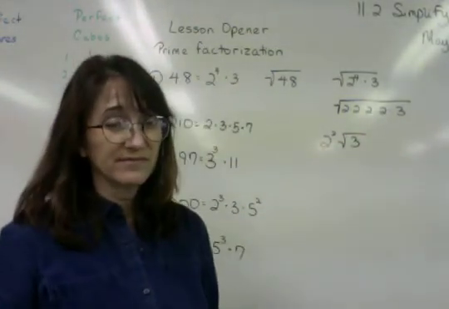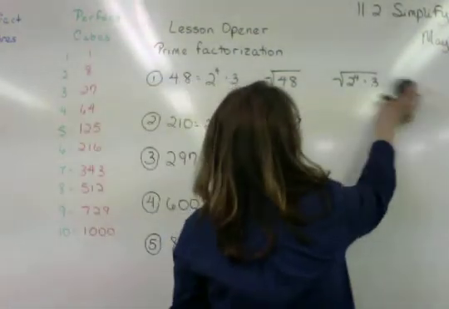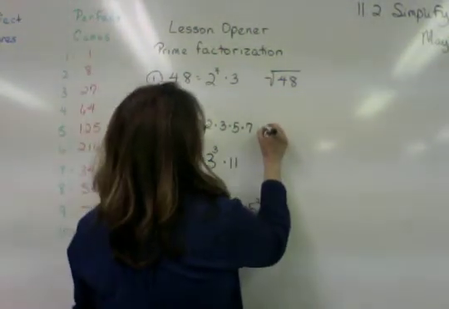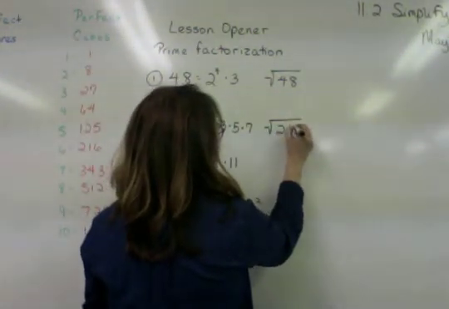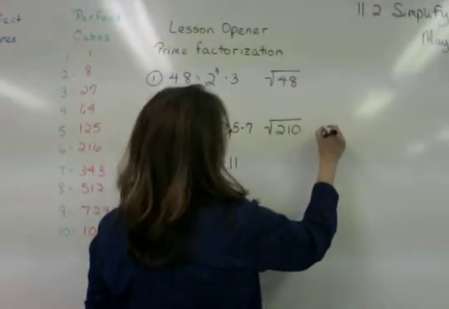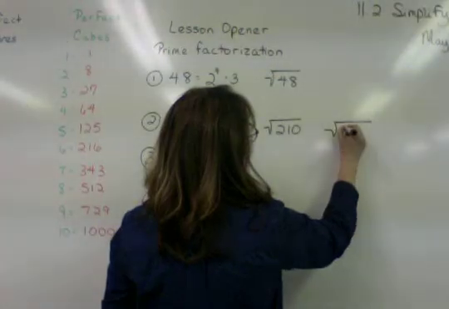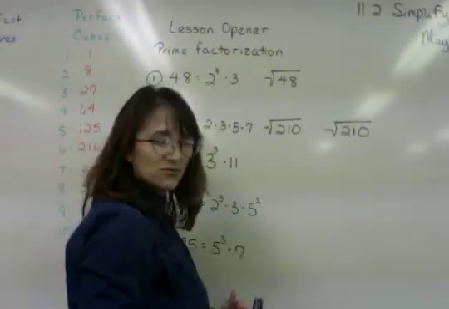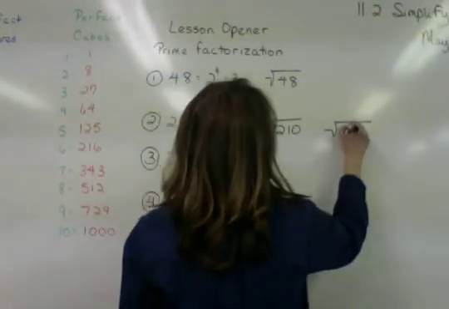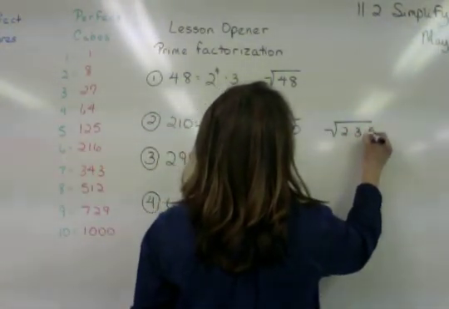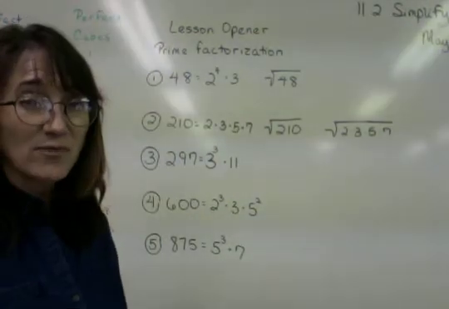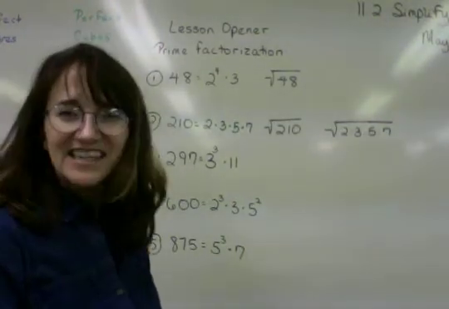A 3. We could do that with each one, and then we could start adding some variables to it if we wanted to. So if I had 210, and that was being squared, and I put this all the way under a radical sign, and I was trying to figure out if I could bring anything out of that radical sign, then technically, after I break it all down, I can't.